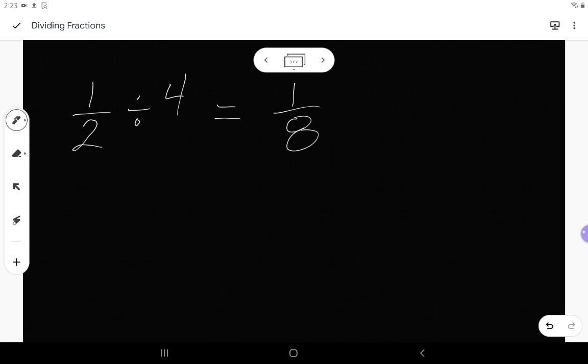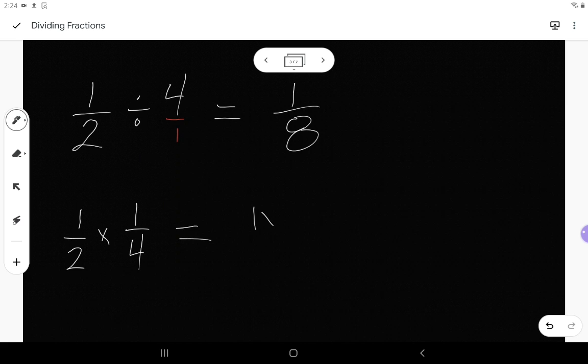Now I want to point something else out that's kind of interesting. If I took 1 over 2 and multiplied by the reciprocal of 4, which just happens to be 1 over 4, because any whole number is the same thing as 4 over 1, I didn't write the over 1, but that's the same thing going on there.